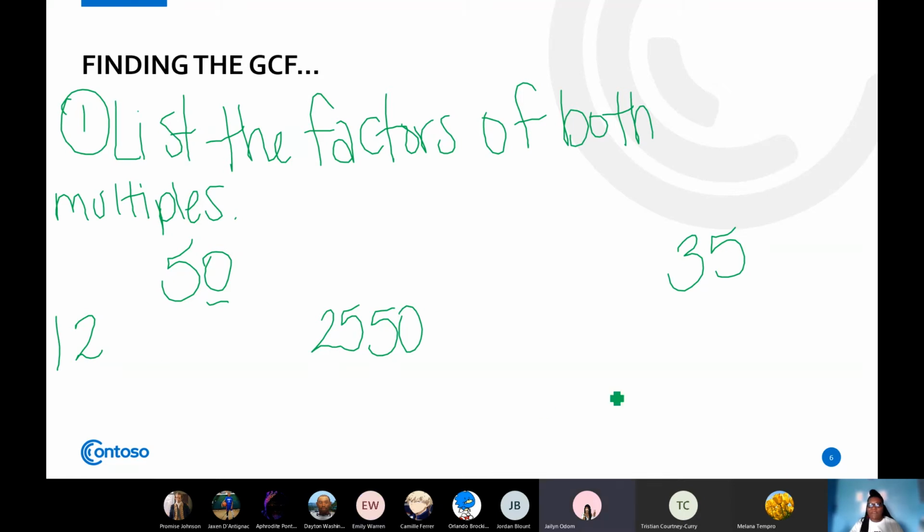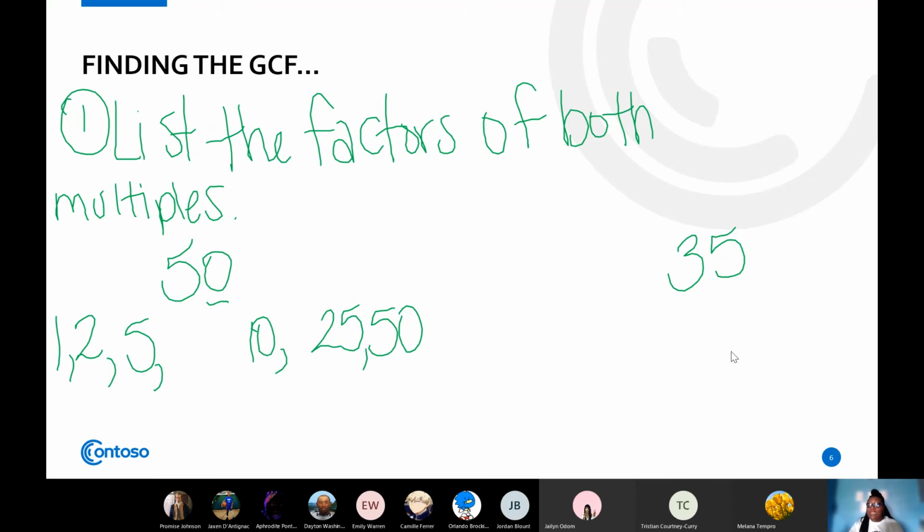Is 50 divisible by 5? Yes, ma'am. 5 times what will equal 50? 10. So the factors of 50 are 1, 2, 5, 10, 25, and 50.